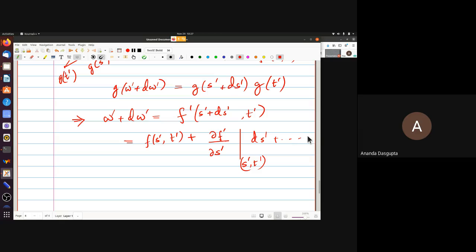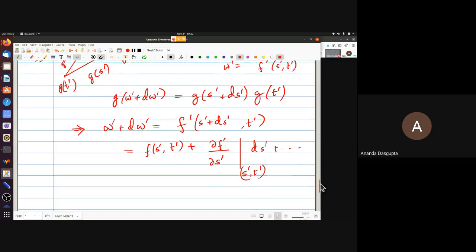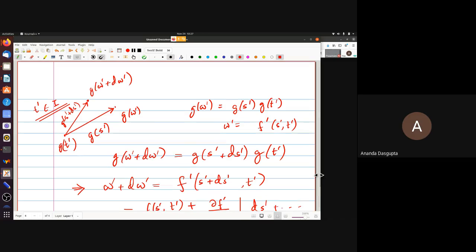In fact, you don't even look at the higher order terms because this immediately tells you that dW prime is this term. While this is correct, we will not really look at this directly. What we will look at is this in a slightly different way, which exploits the group structure even better.